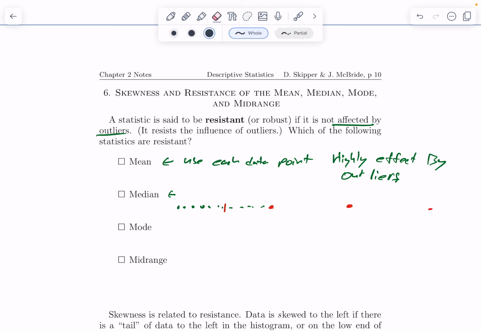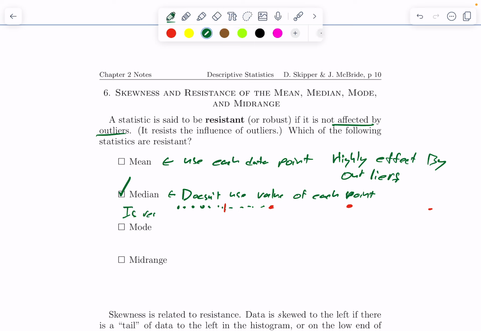So the median doesn't use the value of each point. This one is resistant to outliers. It's not going to change if there's big outliers.